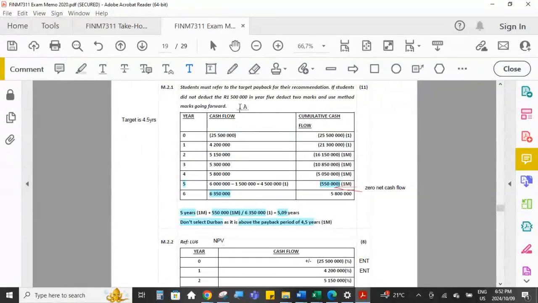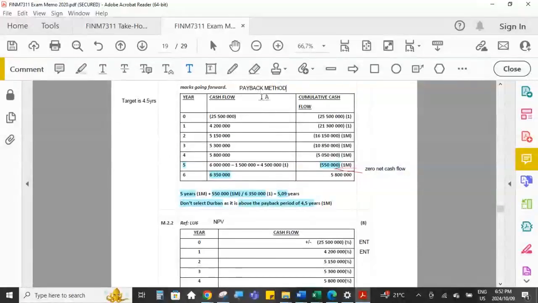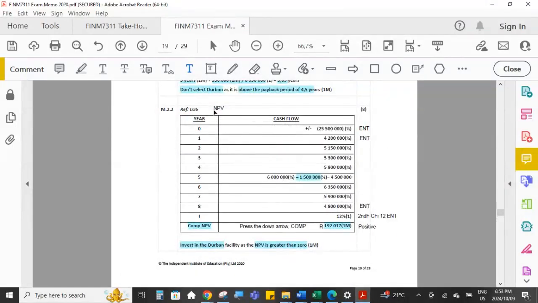This is our payback appraisal method. Payback appraisal method, our answer is number of years, and we compare it to the number of years target that they gave us. The net present value calculation, our answer is a rand value, and we will accept the project if the rand value is greater than 0.